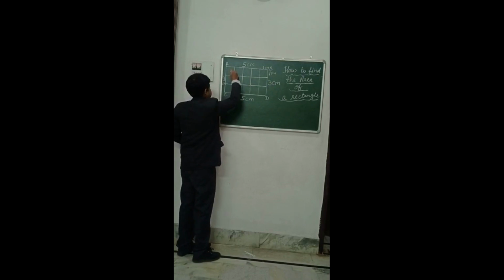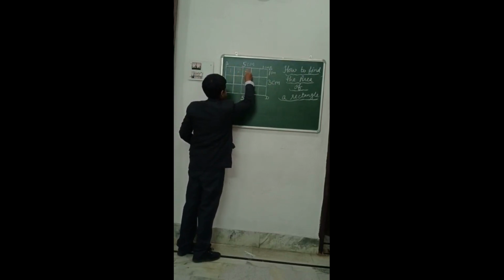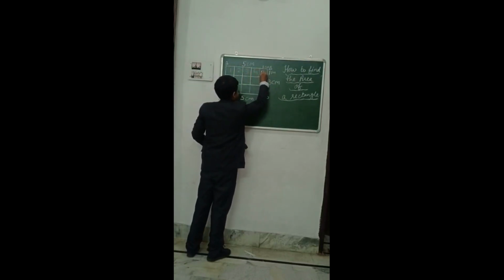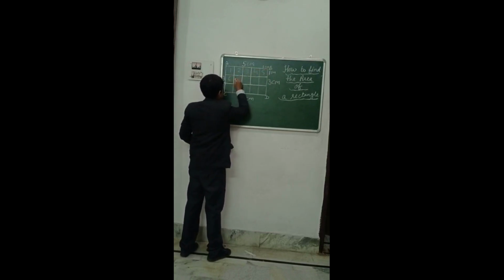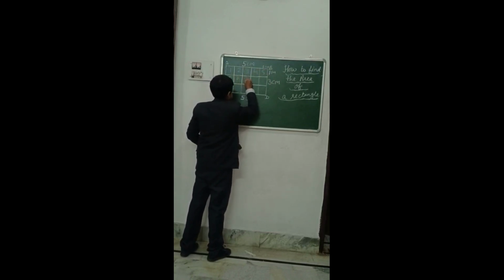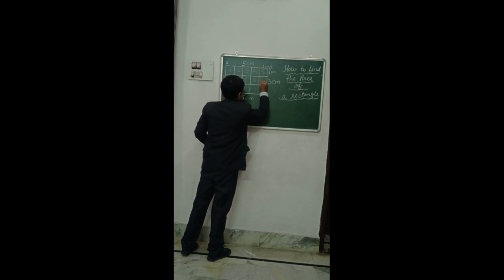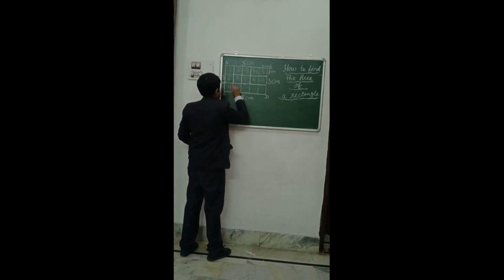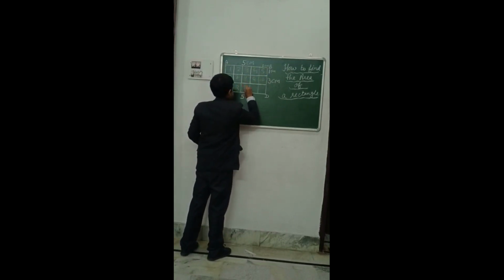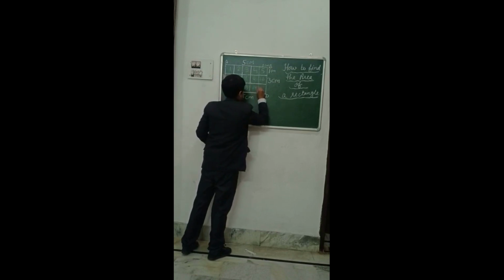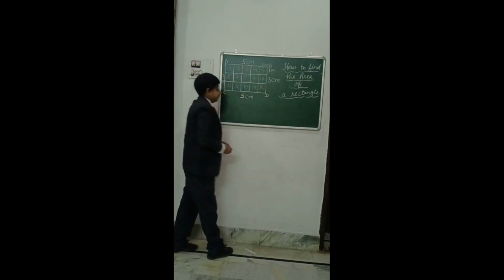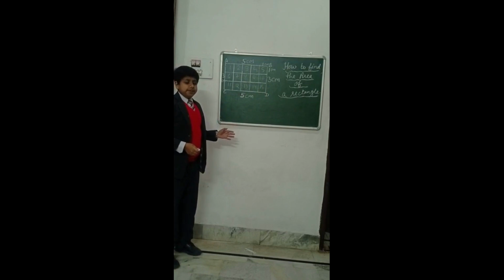There are 1, 2, 3, 4, 5, 6, 7, 8, 9, 10, 11, 12, 13, 14 and 15. They are 15 in number.